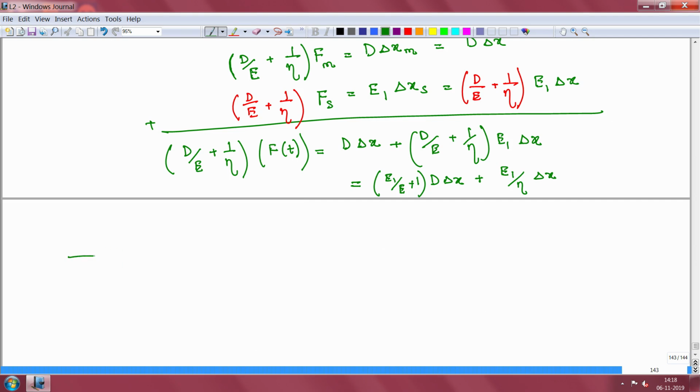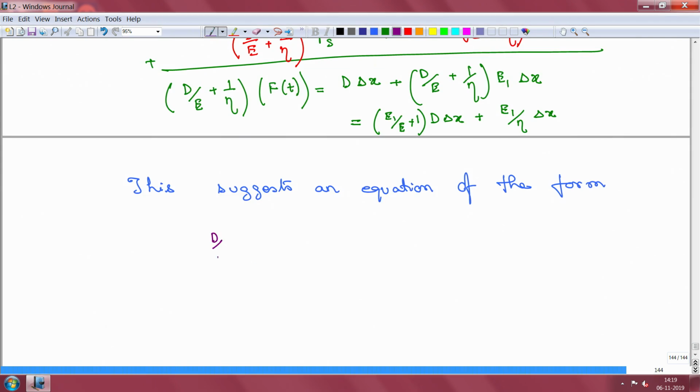So, this suggests an equation of the form, the constitutive equation of the form (d by E1 plus eta) of sigma equal to (E1 by E plus 1) d of epsilon plus E1 by eta delta x, right.